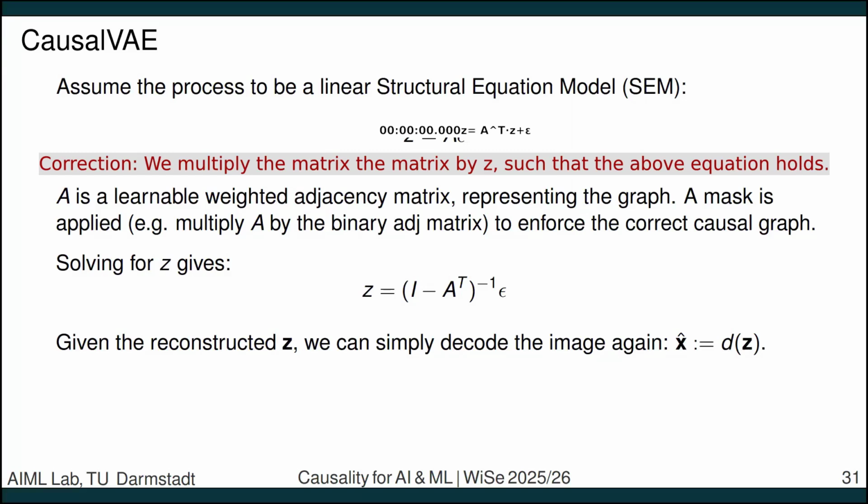And again, we need this autoregressive property. So basically, we solve for set, and this then gives this (I minus A transposed) inversed times E. Basically, what this means is that we have set on both sides, and we solve for it, and I is here the identity matrix.